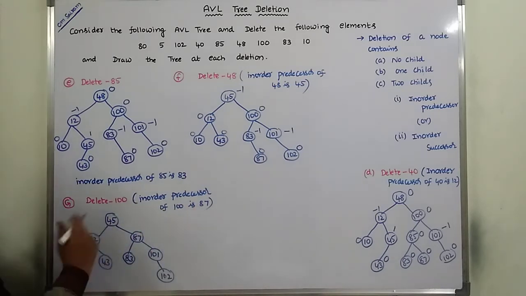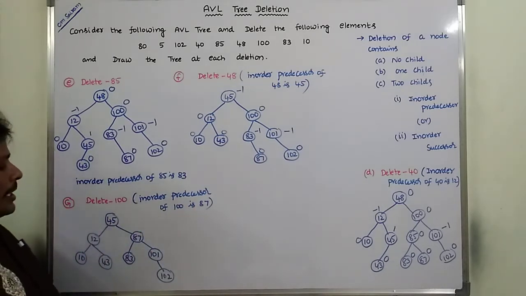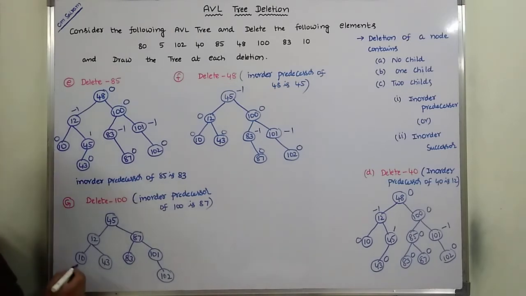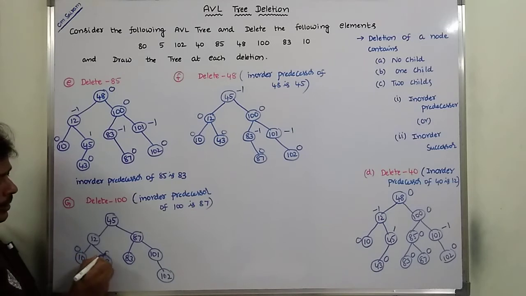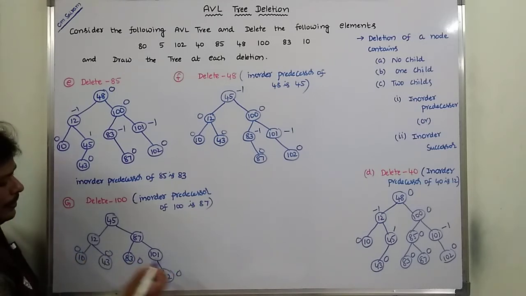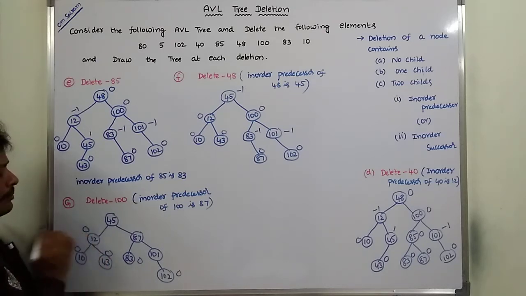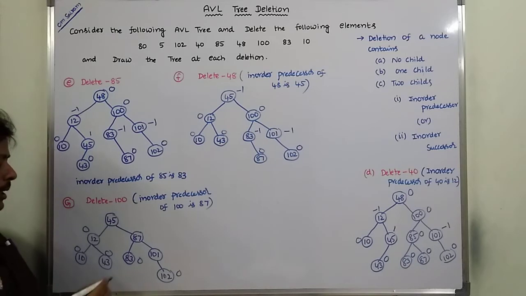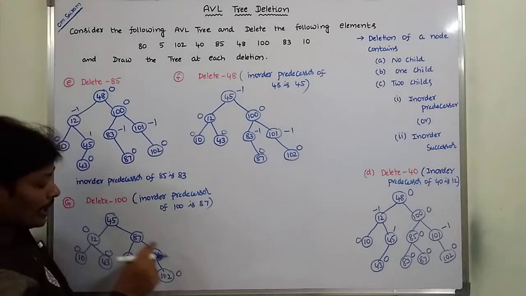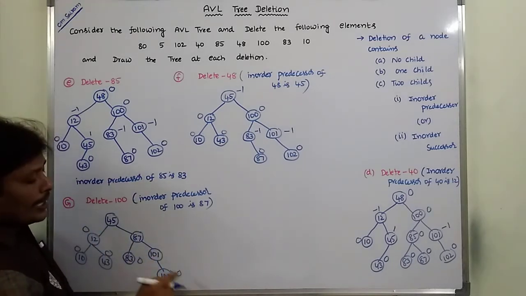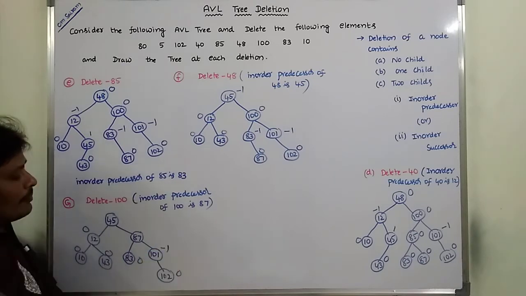Now calculate the balance factor of each and every node. So here for these leaf nodes, balance factors are 0, 0, 0. For node 12, left subtree height is 1, right subtree height is 1, 1 minus 1, that is 0. For 101, left subtree height is 0, right subtree height is 1, 0 minus 1.